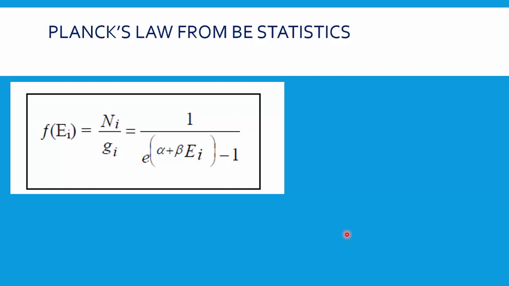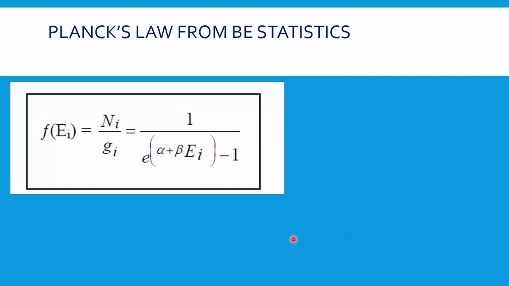Then why do we choose BE statistics to derive Planck's law? Because BE statistics deals with photons and black body radiation deals with light, and we all know from quantum physics, even Planck and Einstein proposed that light is made of particles which are photons, and for this reason we are going to use BE statistics to explain Planck's law.